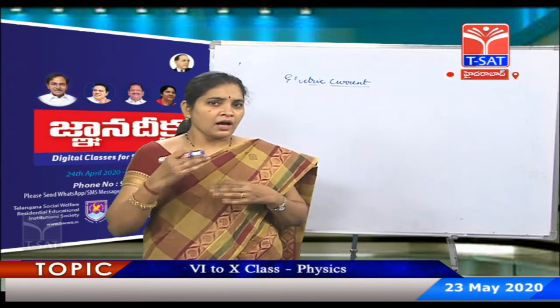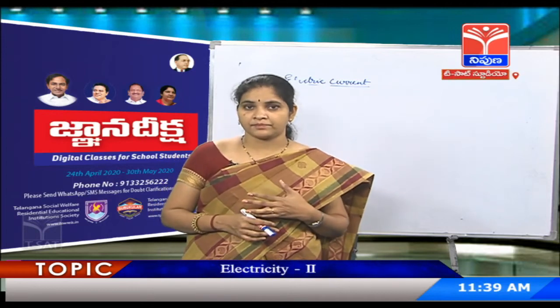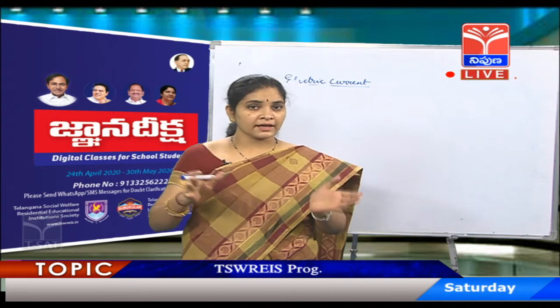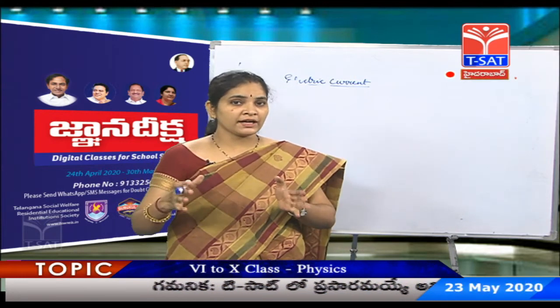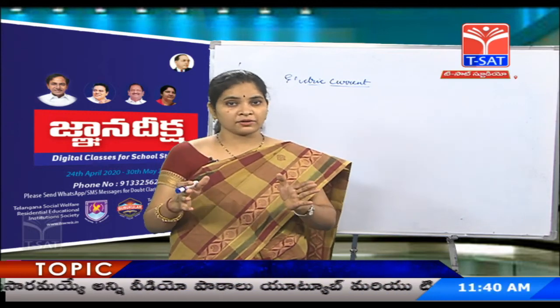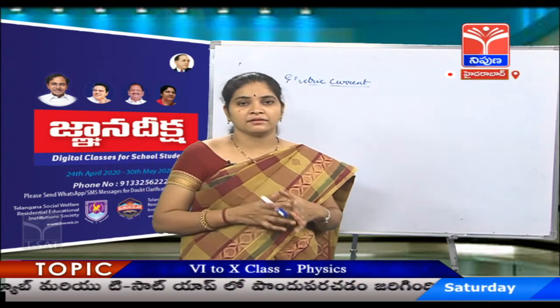Children, how does an electric iron become hot on passing electricity? We all know that conductors contain free electrons and they move freely in metals. While moving, these electrons may collide with the ions present in the metal.